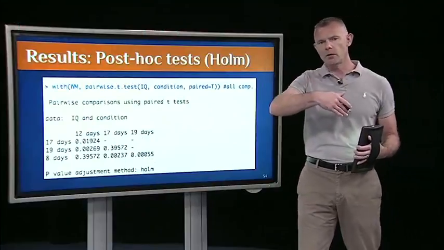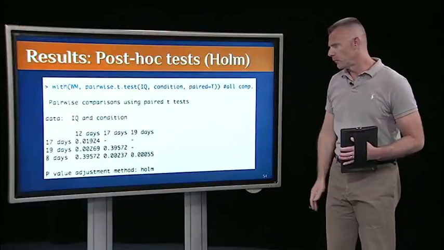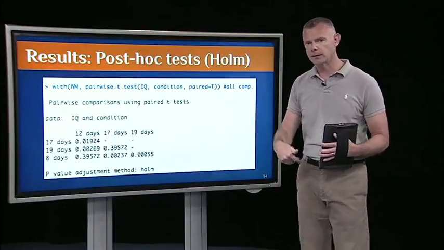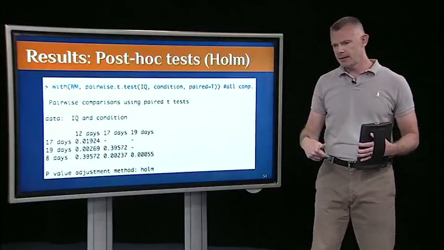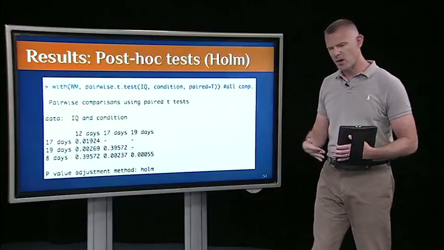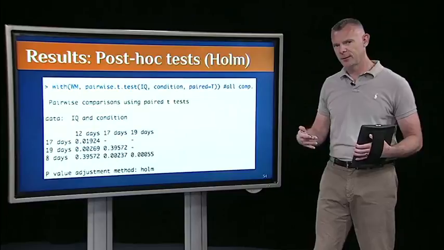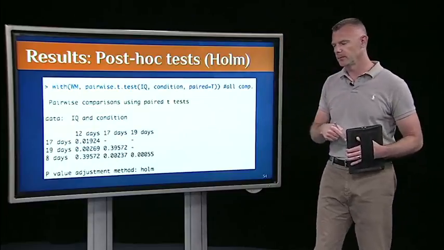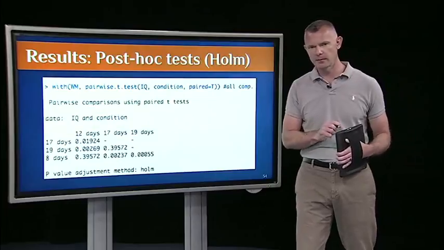Just as we did for one-way between groups ANOVA, we now have to follow that up with post hoc tests. And the procedures that are available to you, again, there are many, and they're different from the ones used in between groups ANOVA. Why would that be the case?